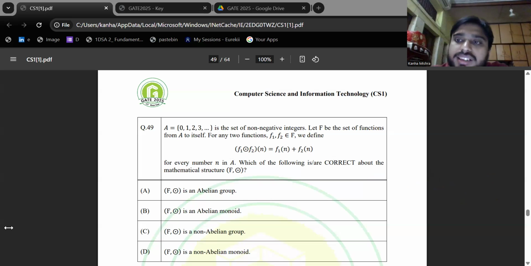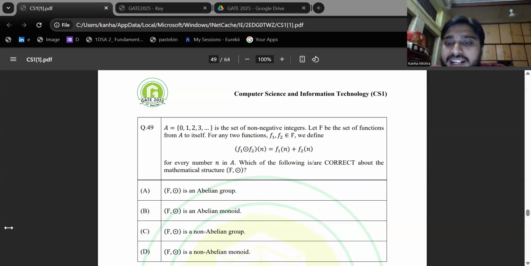Let's understand some algebraic structures to solve this question. Let's first understand what a semigroup is. A set with an associative binary operation is a semigroup. What is a monoid?